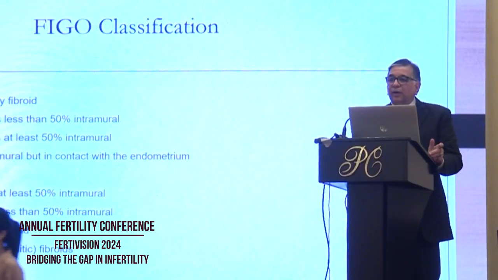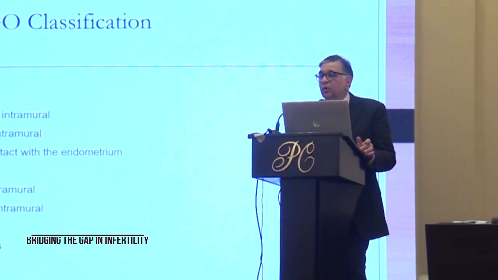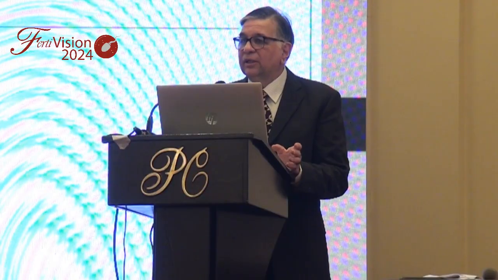Conventionally, we were taught as fibroids belonging to 3 categories: one the submucous, the second the intramural, and third the subserosal. These are further divided into a total of 8 categories, going from inside out. If the fibroid is totally into the uterine cavity, that is a submucosal fibroid and called as 0. If 50% or less is into the cavity, and the rest is intramural, that's 1.